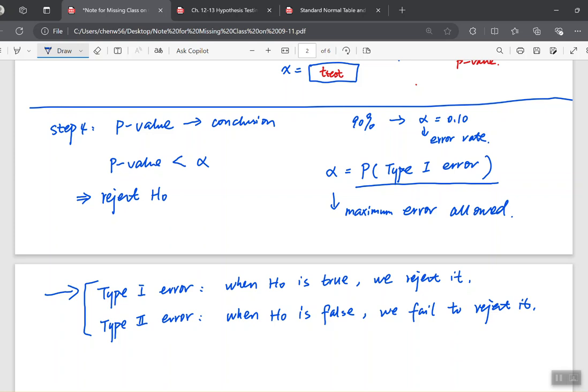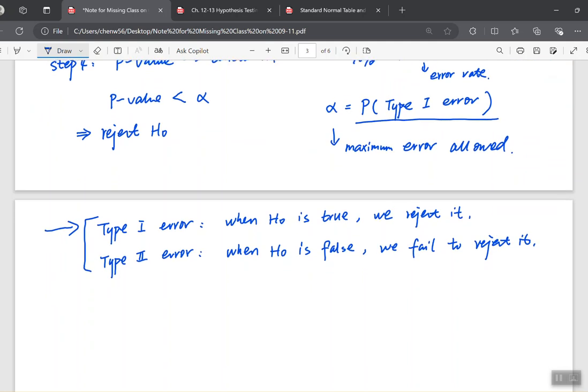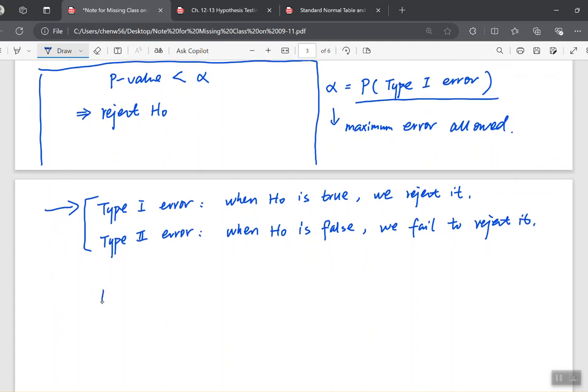All right, let's just make a block to separate this from other stories. The other way, if your p-value is larger than the maximum error rate, that means this p-value is large, right? So based on the idea of hypothesis testing, we fail to reject the null hypothesis.